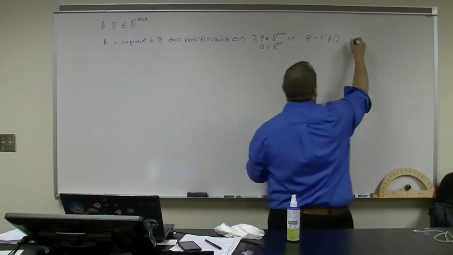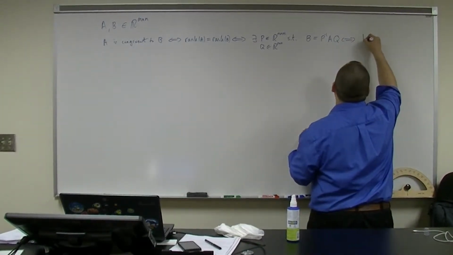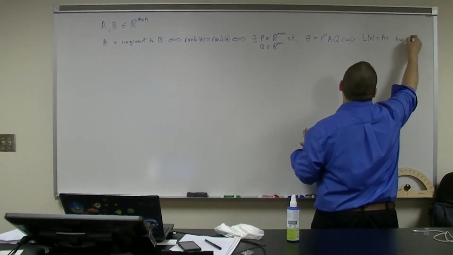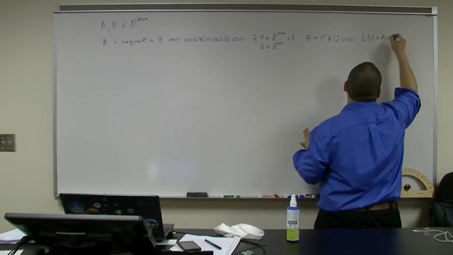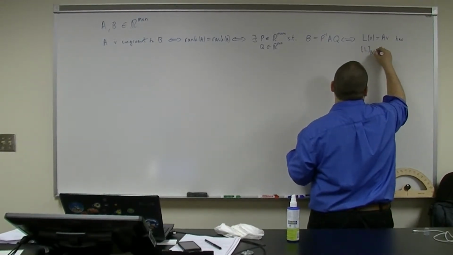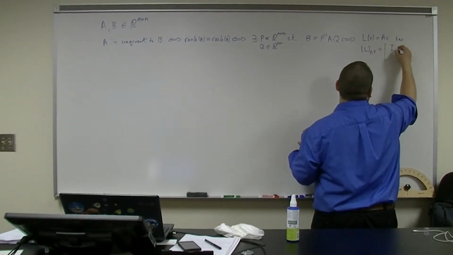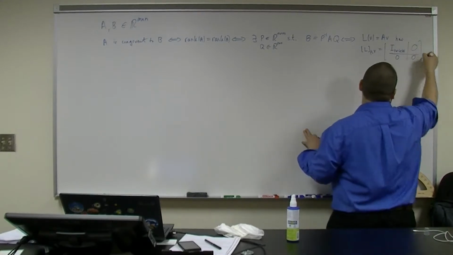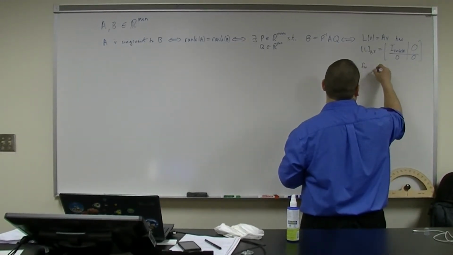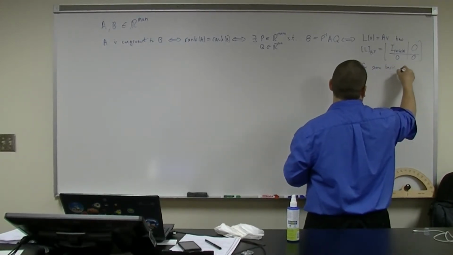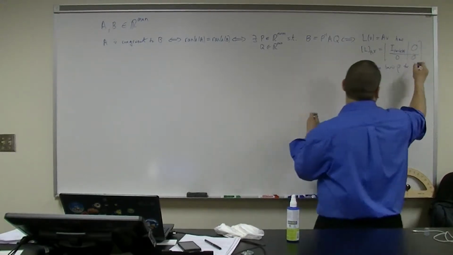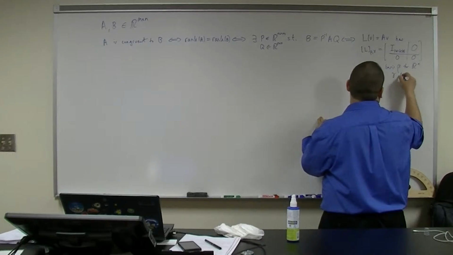And so what we found was this was true if and only if, if you let L of V equal AV, the usual thing, then the matrix of L with respect to some choice of bases, say beta and gamma, is equal to the identity matrix of size the rank of A, padded with zeros, for some basis beta for Rn and gamma for Rm.